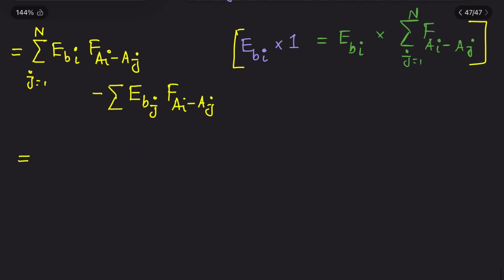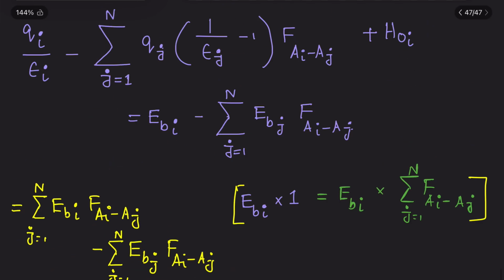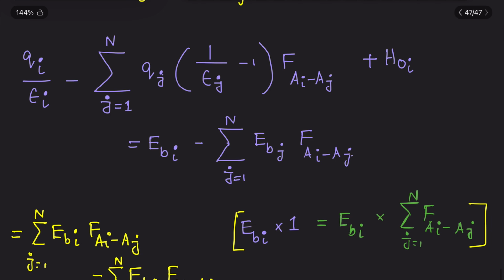Clear? So this is also over J equal to 1 to N. So J is equal to 1 to N, EBI minus EBJ into F AI AJ. Clear? So see, this is the equation for ith surface.